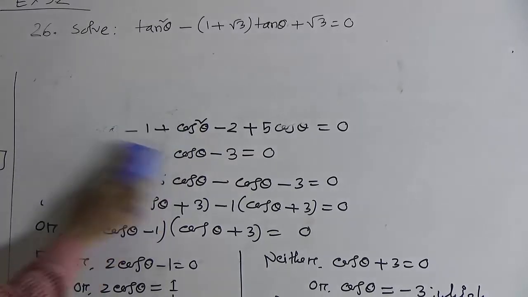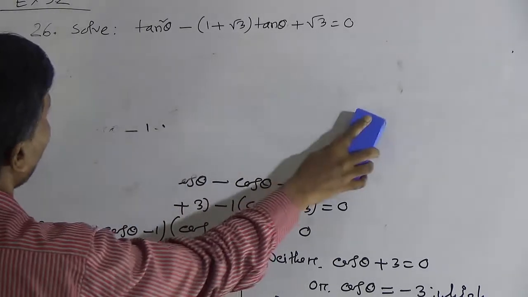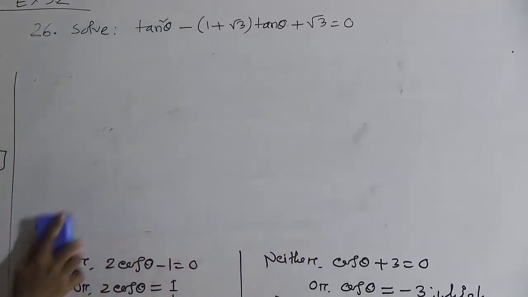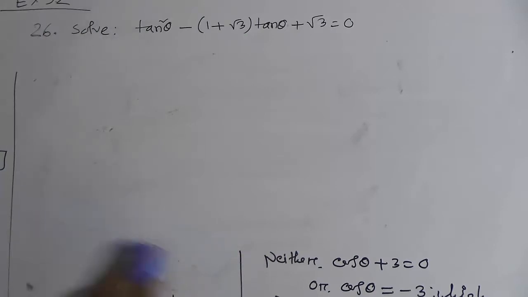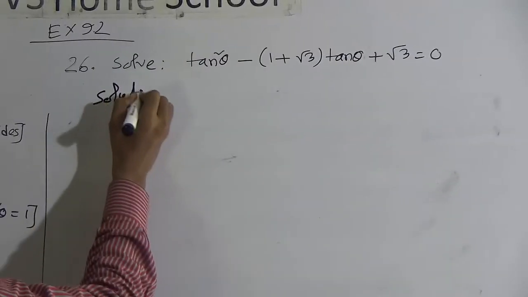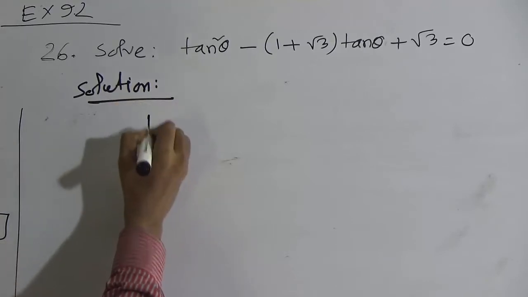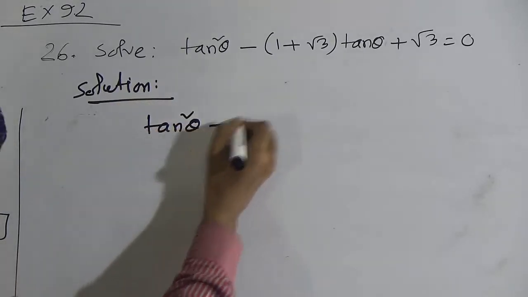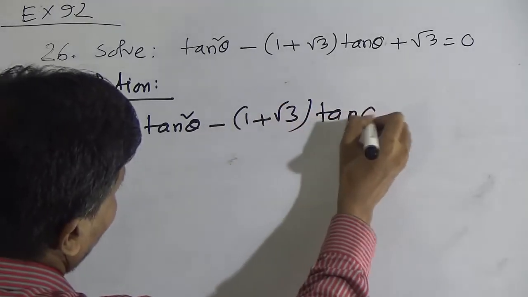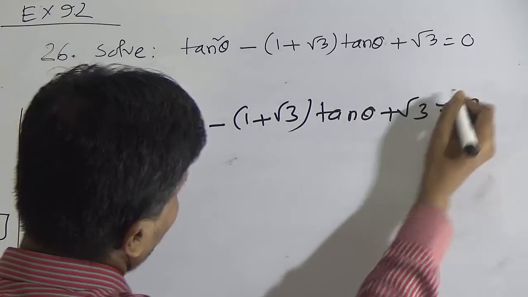Question number 26, you read: solve tan square theta minus, bracket open, 1 plus root 3, bracket close, tan theta plus root 3 is equal to 0. Now write the solution. Tan square theta minus 1 plus root 3 tan theta plus root 3 is equal to 0.